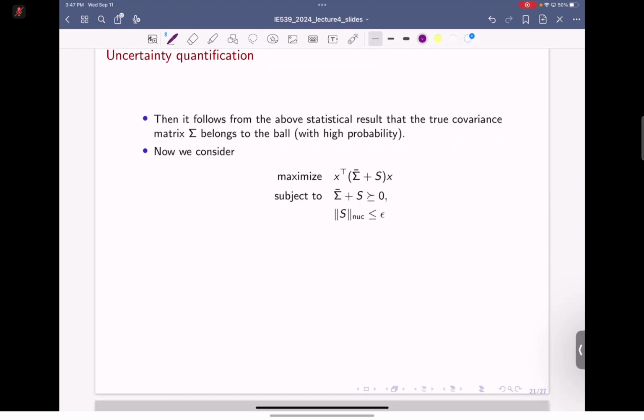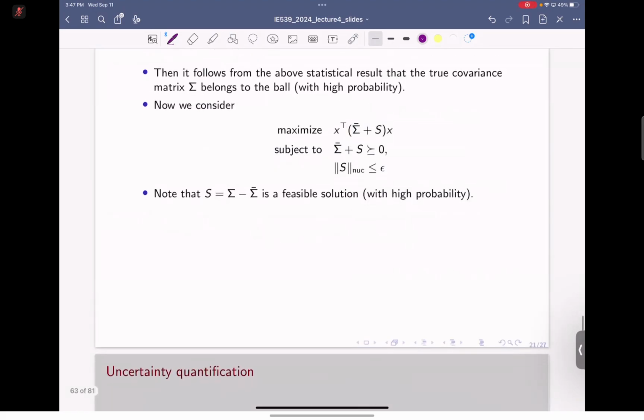If you solve this problem, it computes the worst-case possible scenario of perturbing your estimated covariance matrix, and that gives you the worst-case risk of your given portfolio. That's how you control it.